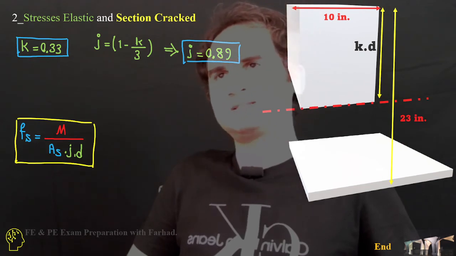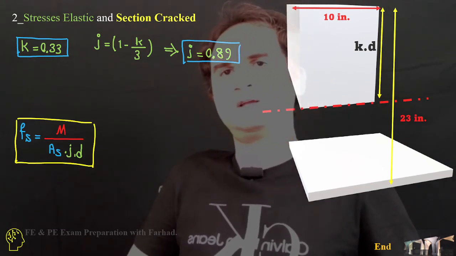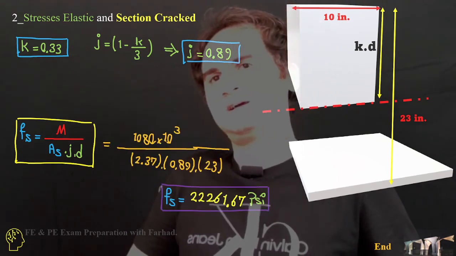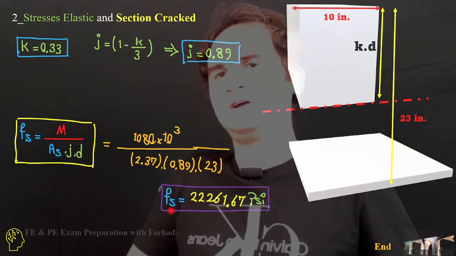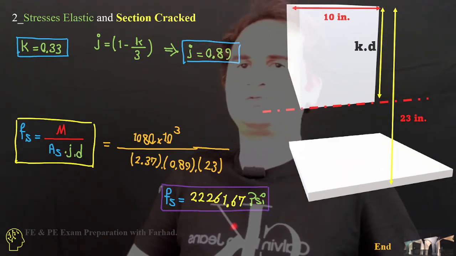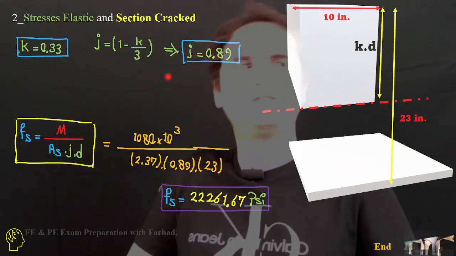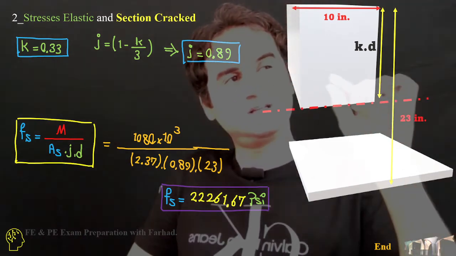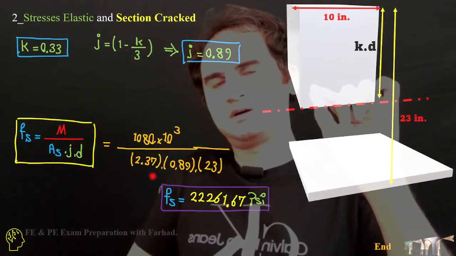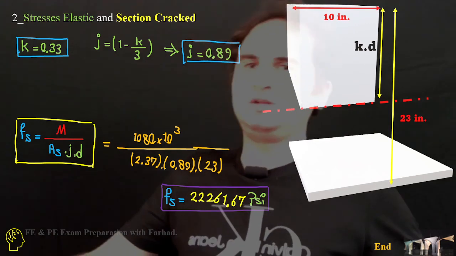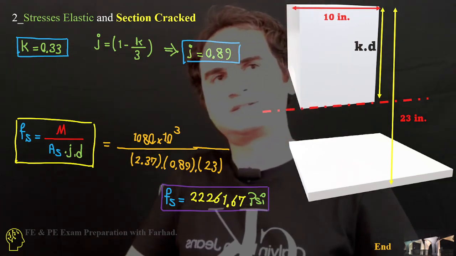And if you replace that in the equation for the steel stress, the moment over As times j times d, it gives us a tensile stress of rebars equal to 22,261.67 psi, much higher than the stress in the concrete section.